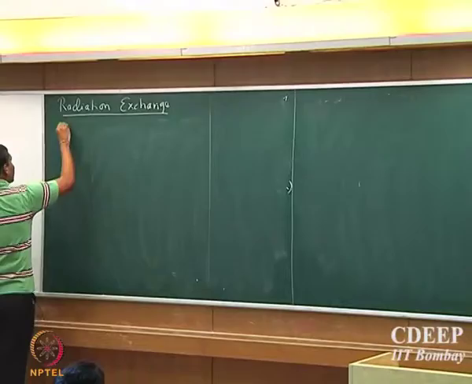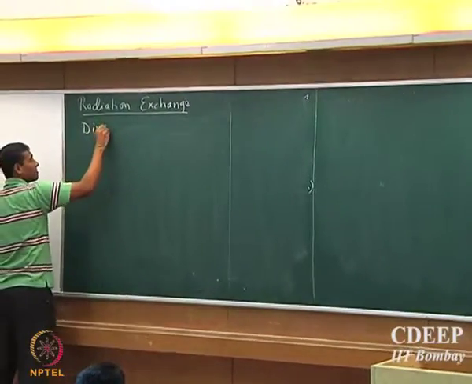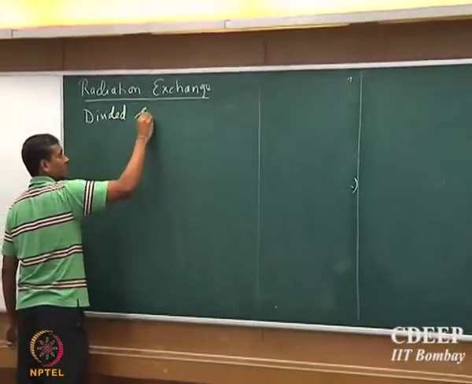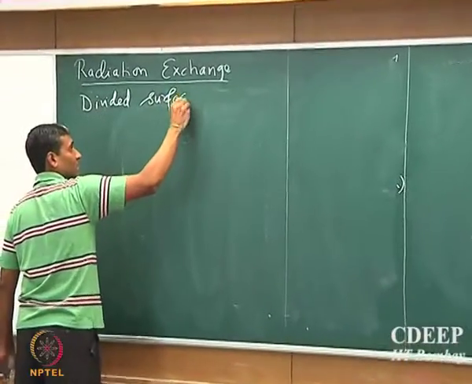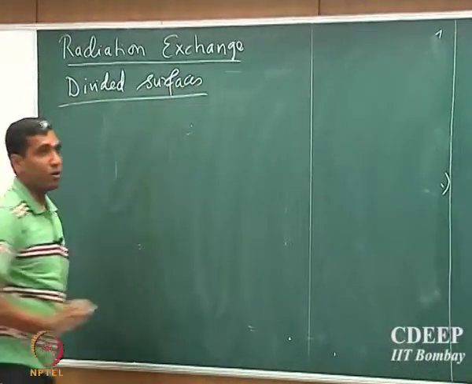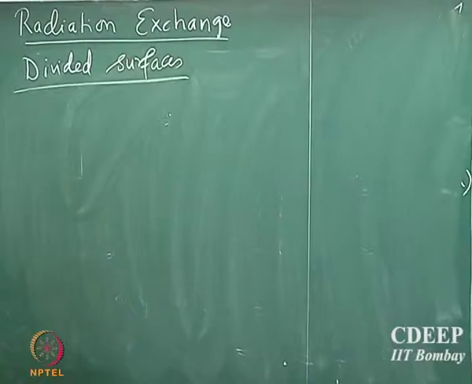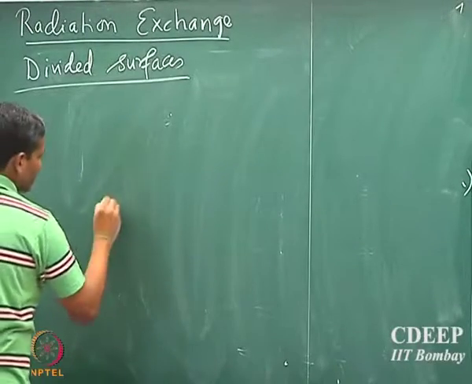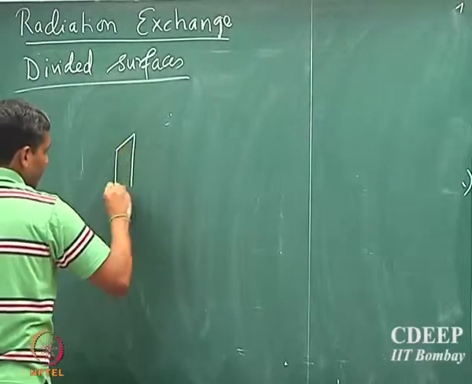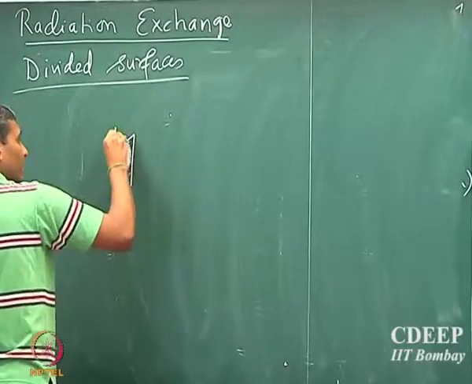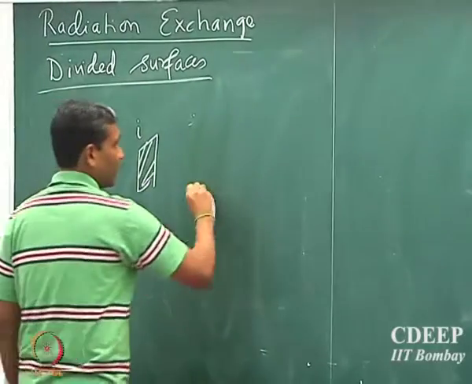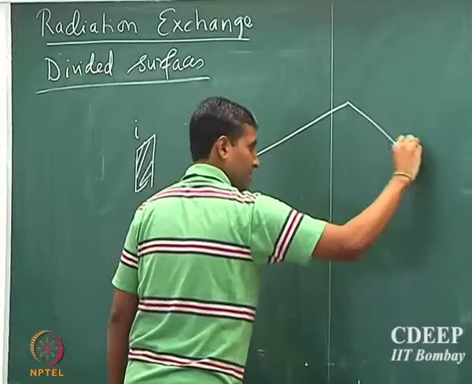Alright, so next we are going to look at divided surfaces. Let's say that there is a surface I and there is another surface.